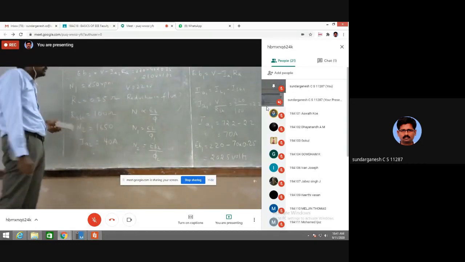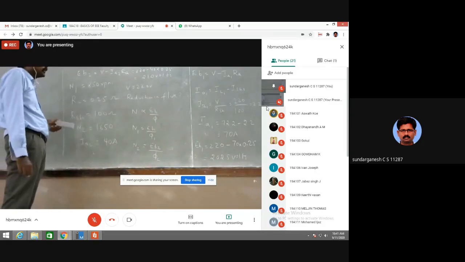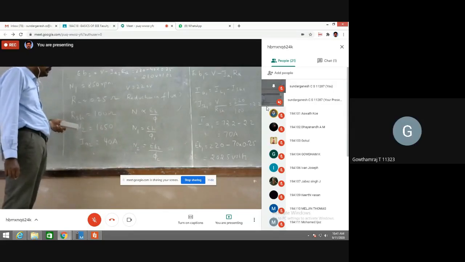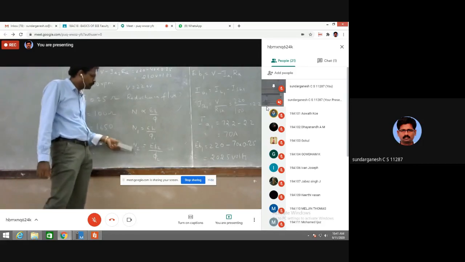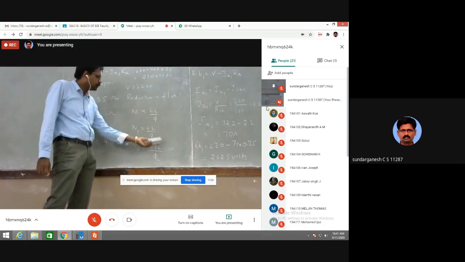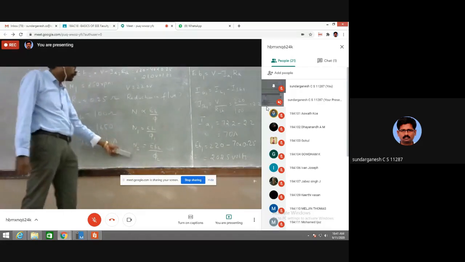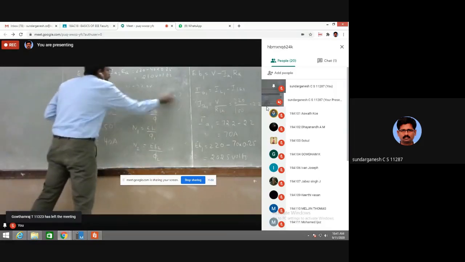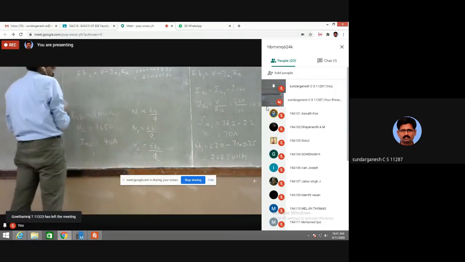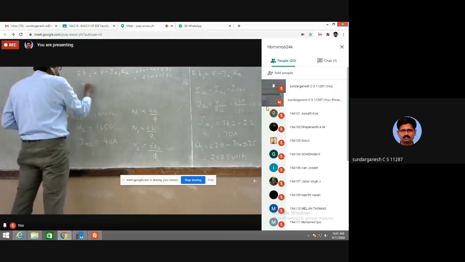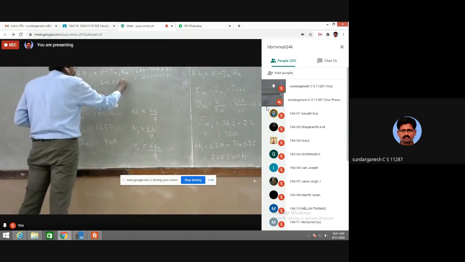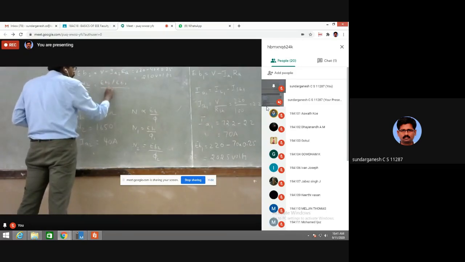Now in order to find the reduction in flux, I have to divide phi2 by phi1. When I divide N1 by N2, it is EB1 by EB2, which is phi1 by phi2. So I divide N2 by N1, which is equal to EB2 by EB1, which is phi2 by phi1.